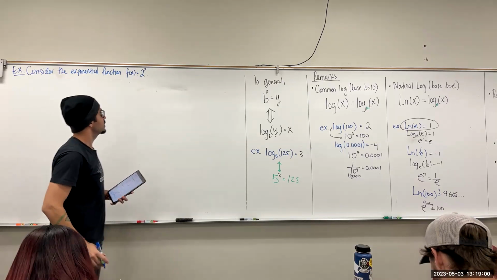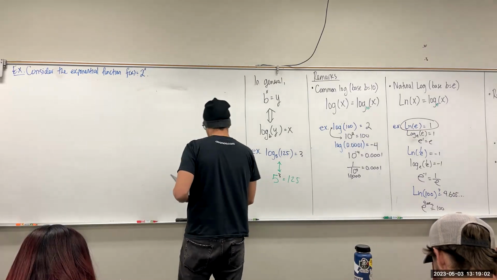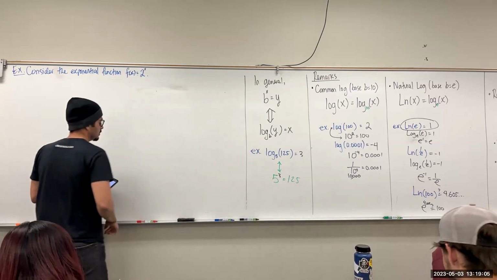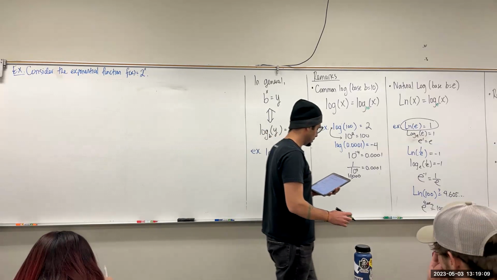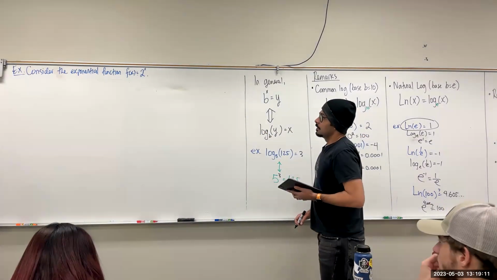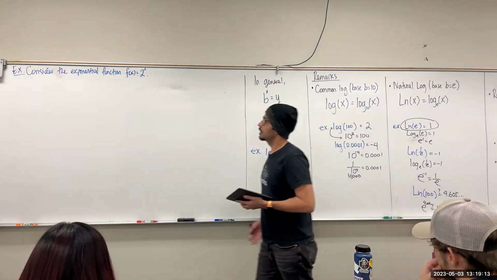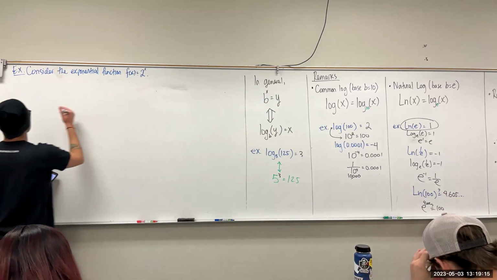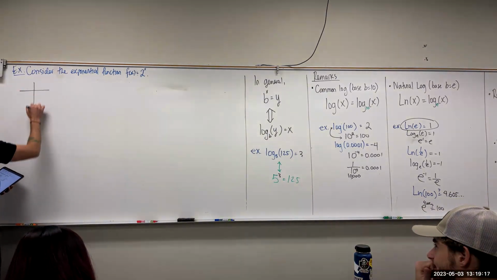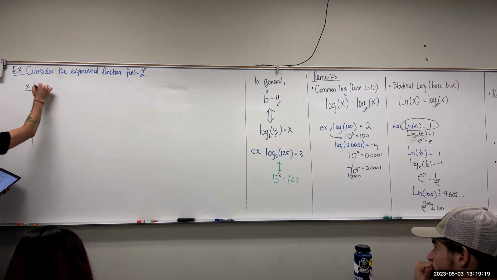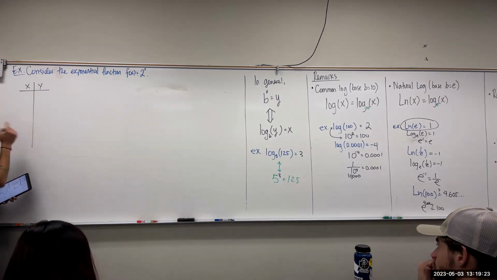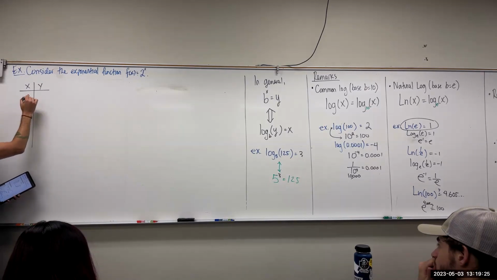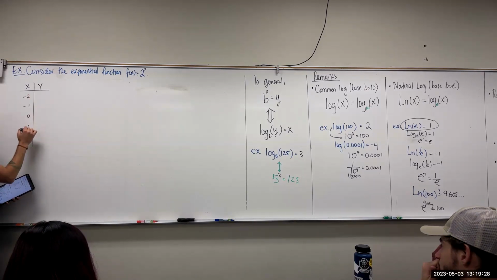It's a good old 2 to the x. This is what we did on Monday. Let's do a little XY table here, and we're going to plug in some negatives and positives: -2, -1, 0, 1, and 2.